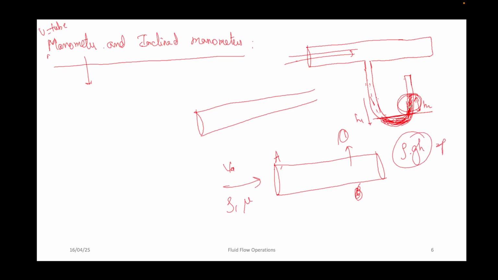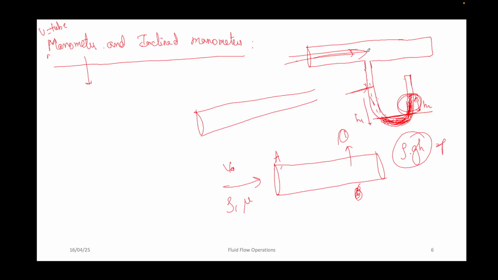You will get the pressure exerted on the other limb, which is basically the pressure of flow. Okay, and you have different variations of these U-tube manometers. You have inclined manometers, and you can also calculate. You also have differential manometers, which basically helps in calculating pressure drop across 2 points.